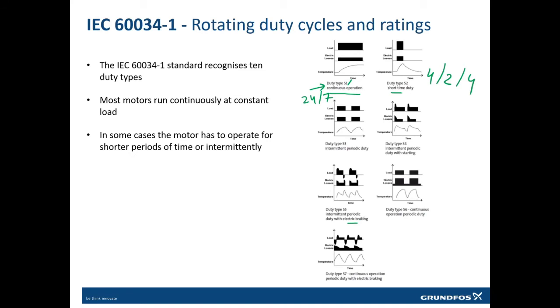Then there is intermittent duty with starting. S4 duty motors are motors that will always have a high starting current, for example a motor for a conveyor belt. A conveyor belt motor will start and stop, start and stop, but whenever it starts it has a high starting current. So these are the different types of starting current.